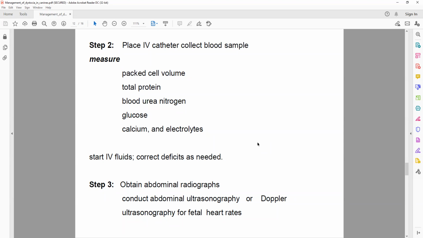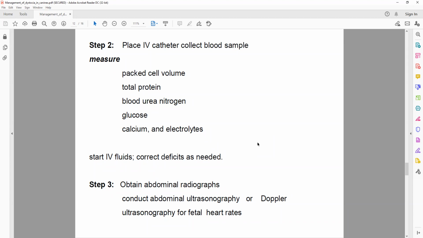Because when you proceed for operation, for this cesarean section, at that time you have to avoid certain drugs which are not good, which actually affect the fetal respiration rate or fetal vital organs. So then you have to change your anesthesia protocol, right? So you have to see whether the fetuses are live or not.